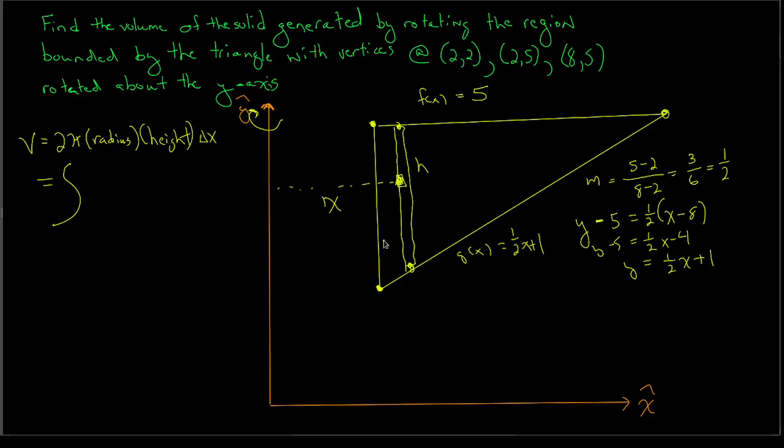I'm integrating across x, so I'm going from 2 to 8. So I'll go from 2 to 8 of 2 pi. I will move the 2 pi out front. My radius is x, and my height is 5 minus (1/2 x plus 1), delta x.